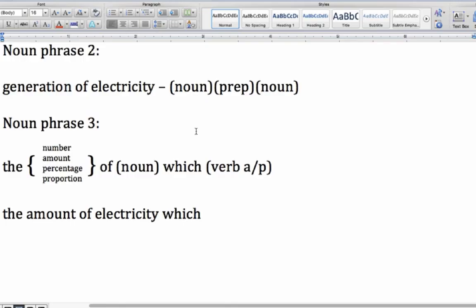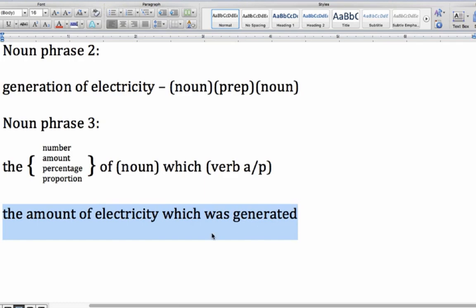So that's generate, but it must be passive because people generated it and we don't talk about people here. I'll explain that passive later. Don't worry. For now, just understand that it was generated. Now that gives you a nice big noun phrase with a nice relative pronoun. This is a magic word in IELTS writing. Examiners are looking for this word because it means complex sentences and that means higher band score.